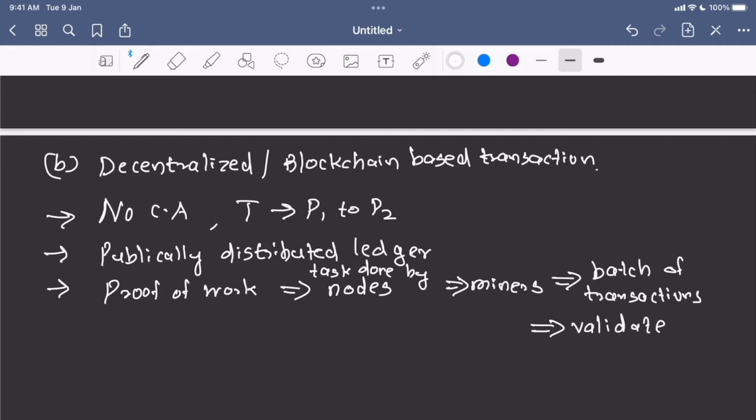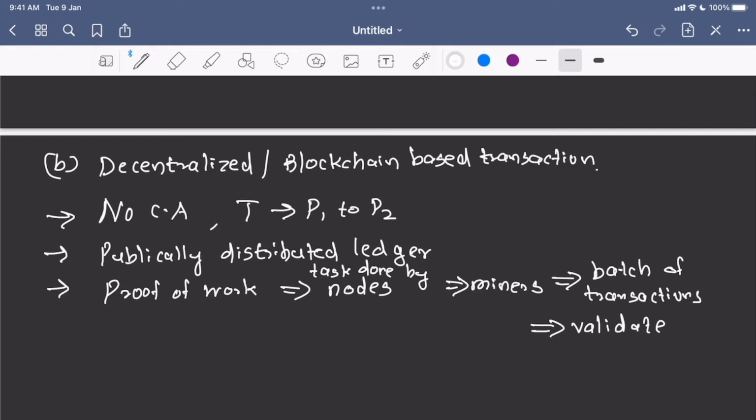That is, they validate the batch of transactions. Again, as said before, I'm not going too deep into how they validate, what exactly they do. You can dive into that later. But basically, miners solve a hard but computationally feasible mathematical problem, and only then can they add a new block or new entries to the ledger. So a block is nothing but a timestamped batch of transactions.